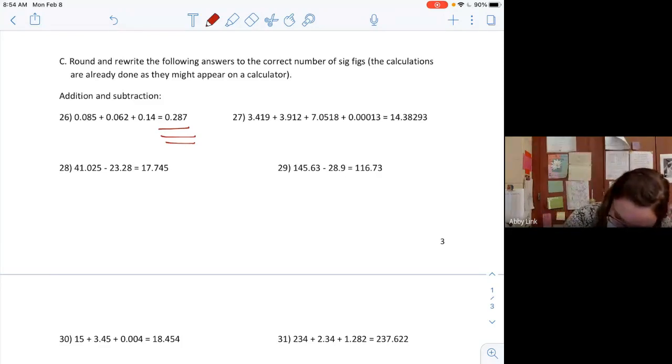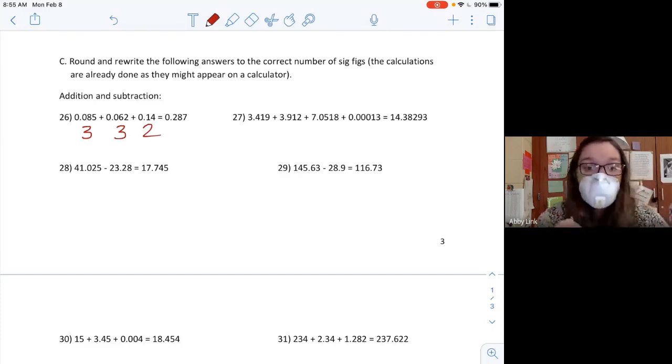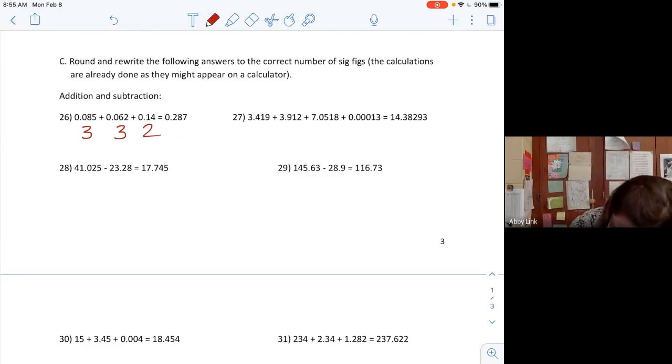So for instance, in number 26, this first number has 3 decimal places. The second number has 3 decimal places. And my third number has 2 decimal places. So my answer should only have 2 decimal places. My rewritten answer for this would be 0.29.